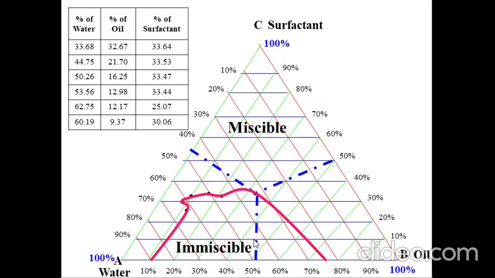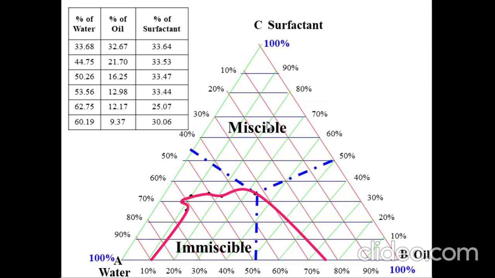So if you are trying to extract a solute in either water or in oil, you can use these possible combinations. If you want the analyte to be present in a homogeneous mixture, you can use any of these possible combinations of the three component system.